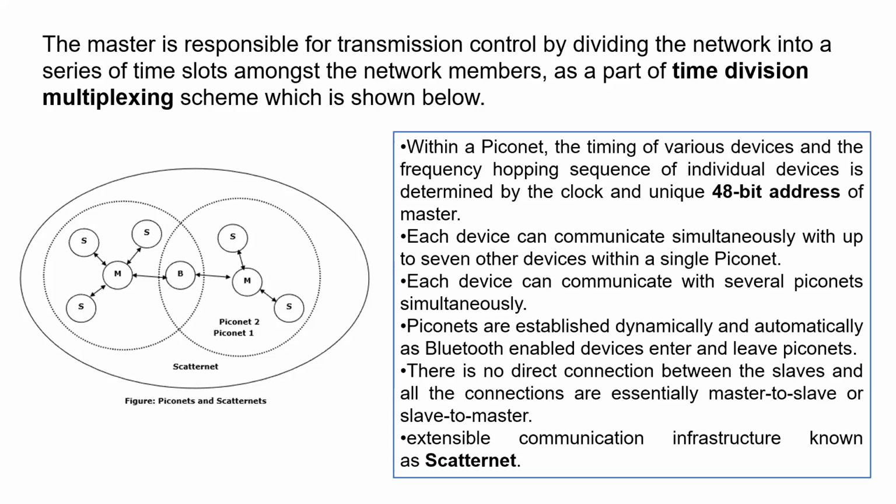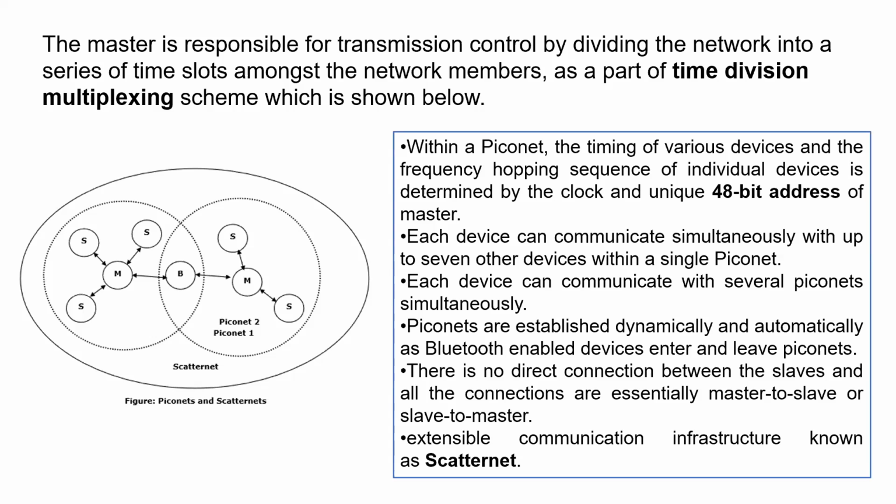These devices can communicate simultaneously, and several piconets can communicate with each other simultaneously. These networks are established automatically and dynamically. This is a very important feature. They are established dynamically and they are established automatically.